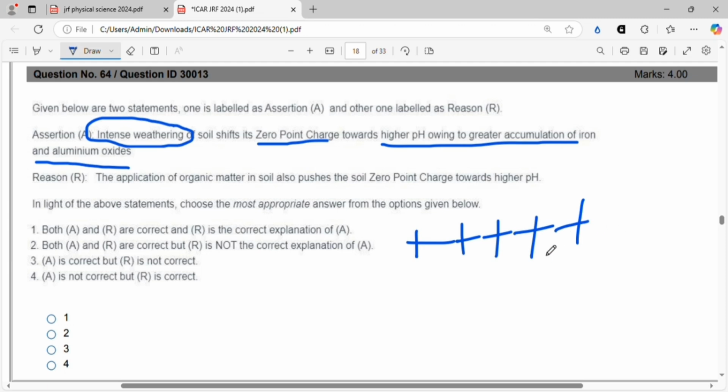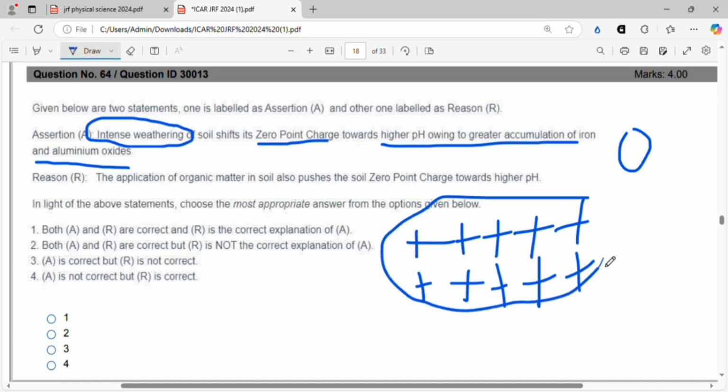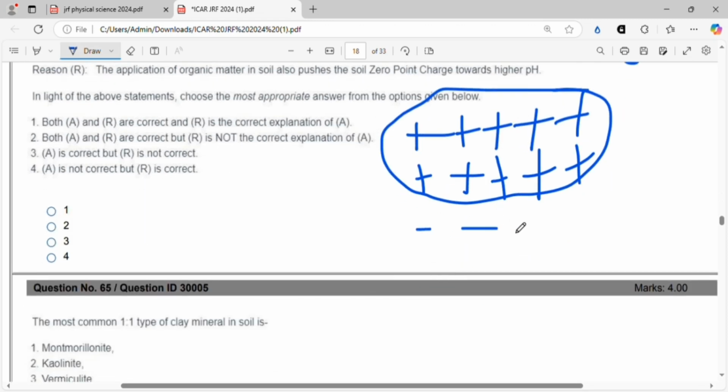And also there is a dominance of Fe2O3 and Al2O3, the sesquioxides. They are also very prominent in contributing to positive charge in the soil. So if the soil is loaded with positive charge, for the ZPC, ZPC means the overall surface charge will be 0. So for more positive charge, we will need more negative charge to balance the charge and make it 0.